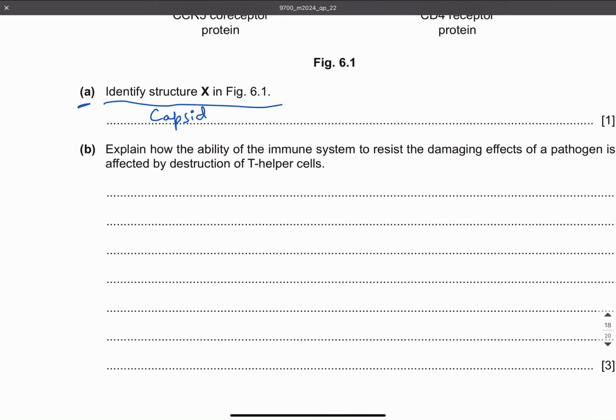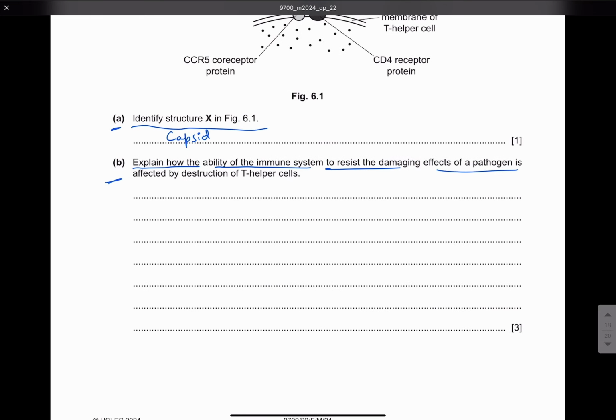Part B, explain how the ability of the immune system to resist the damaging effects of pathogens is affected by destruction of T helper cells. So guys, over here they are asking what would happen to the immune system or its ability to destroy the pathogens if the HIV virus causes the destruction of T helper cells.